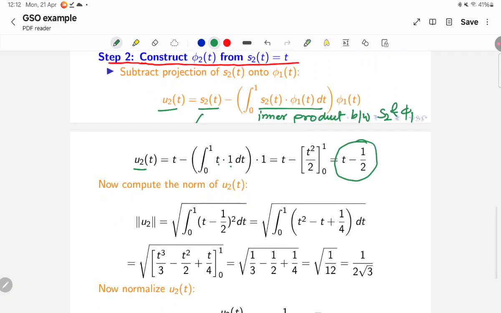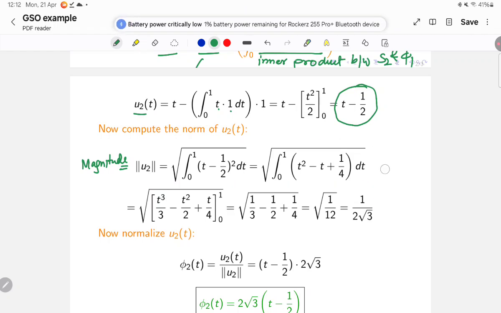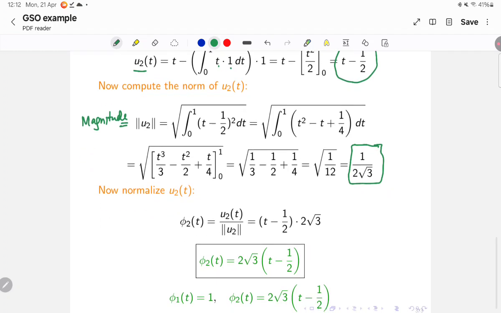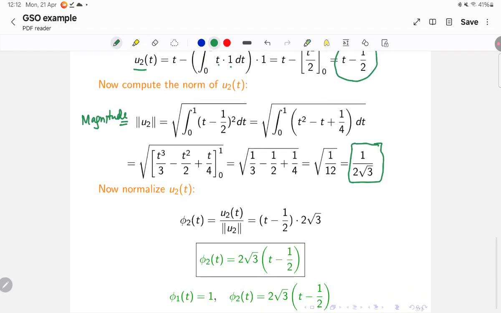Okay, now we will calculate its magnitude. Now this is the magnitude, which is a little lengthy to calculate, and it is coming 1 divided by 2 root 3. Okay, so what we have to do is normalize this. How will we normalize U2?